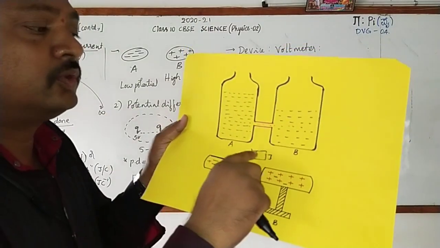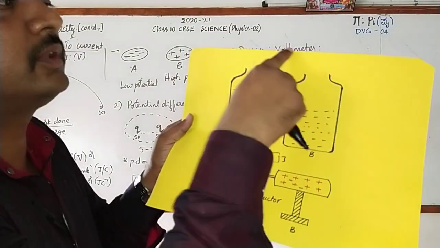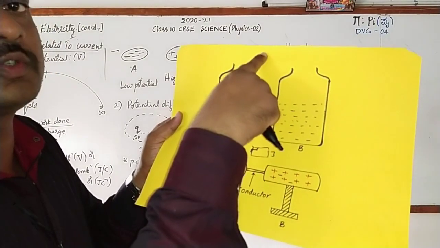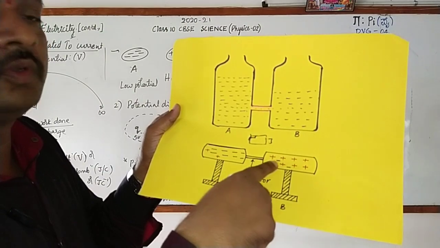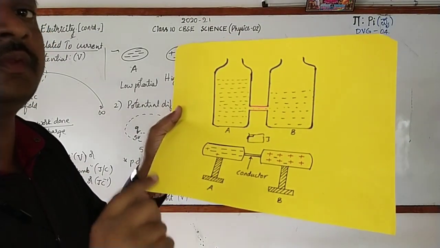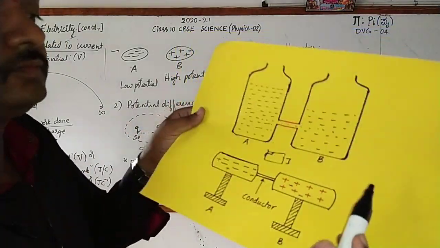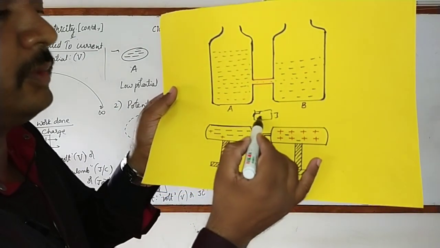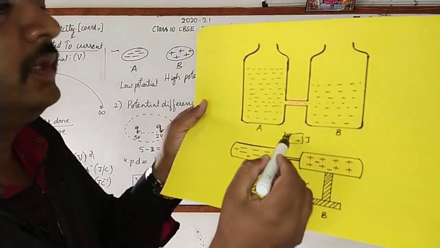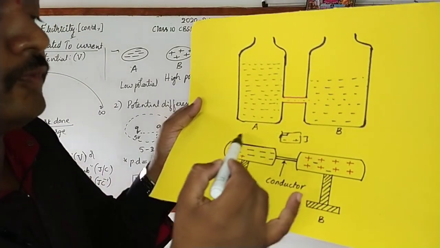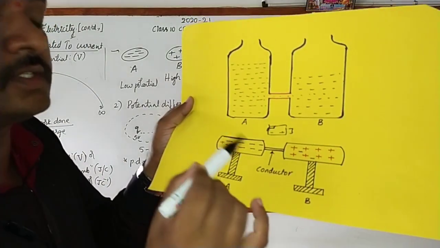To make the water flow continuously, we used a water pump. Here to make the charge particles flow continuously, we are using an electric cell. So here is the negative terminal and here the positive terminal. The negatively charged particles will flow from A to B continuously.